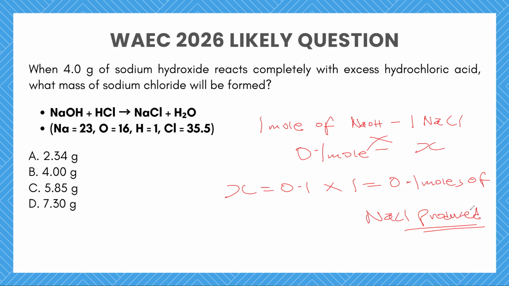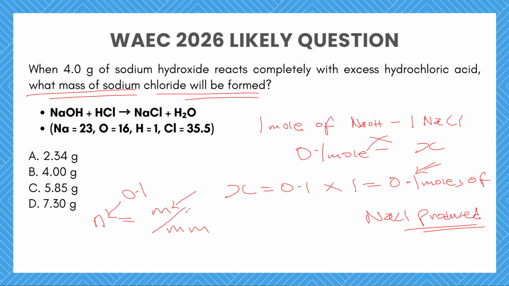So now that we know the number of moles of sodium chloride that is produced, the question says what mass of sodium chloride will be formed. So we therefore convert this number of moles into mass. So that's simple. We use our formula which says number of moles N is equal to the mass all over the molar mass. The number of moles is equal to 0.1. The mass is what we want to calculate.